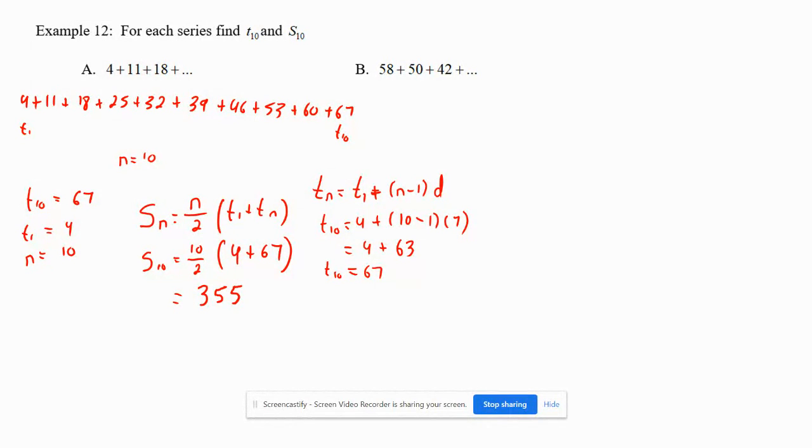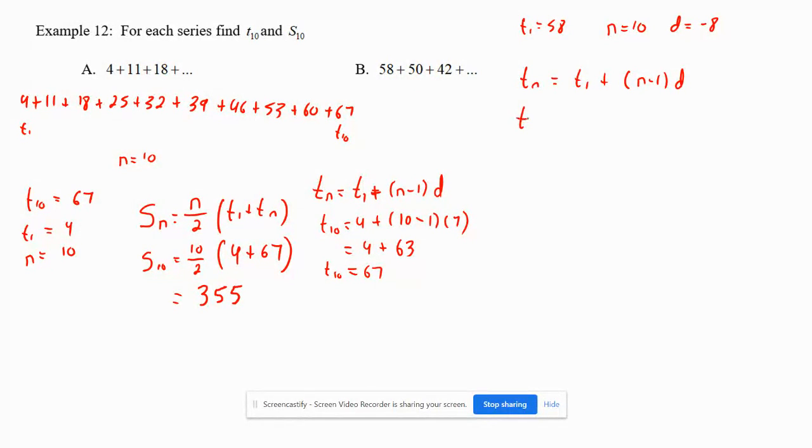Now for this one over here, I'm going to use this formula to figure out what T10 is. So Tn is T1 plus n minus 1 times d. And I know that T1 is 58, n is 10, d equals negative 8. 58 to 50 to 42, these are going down by 8 every time.